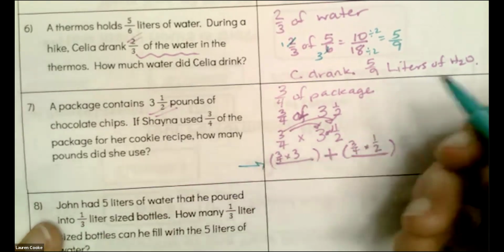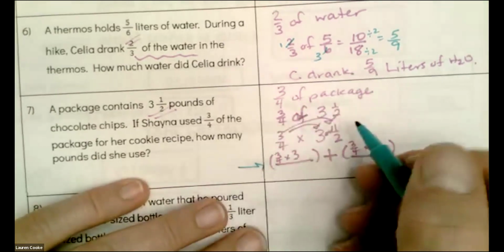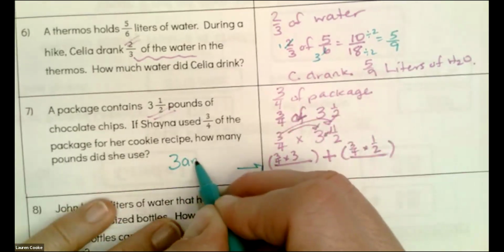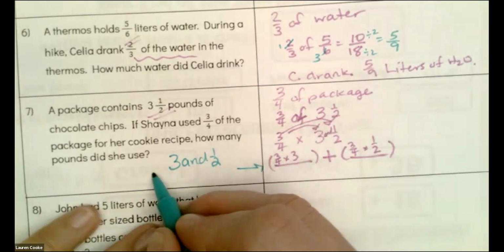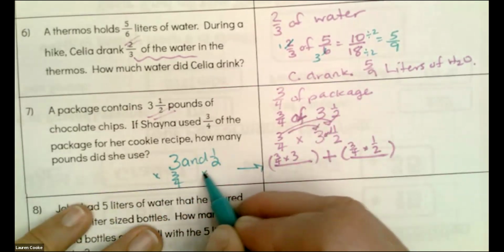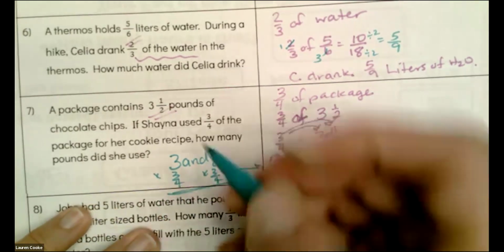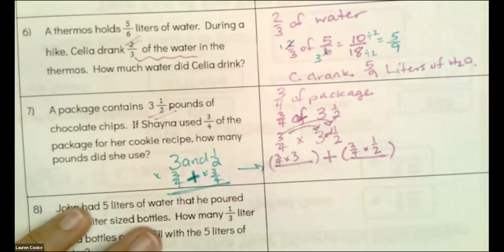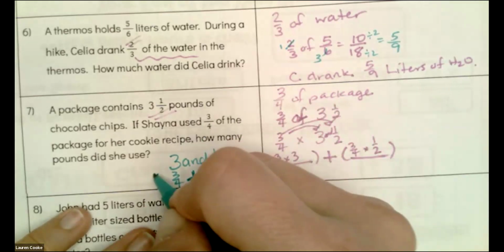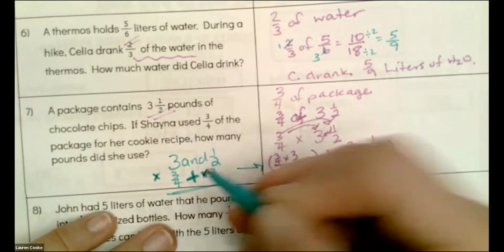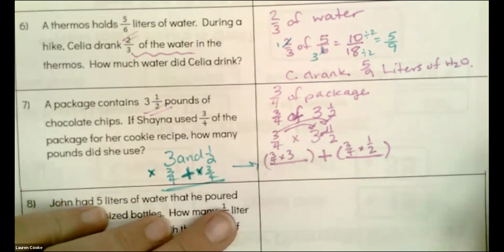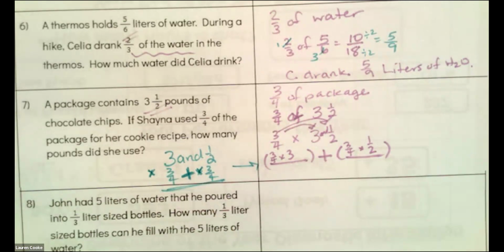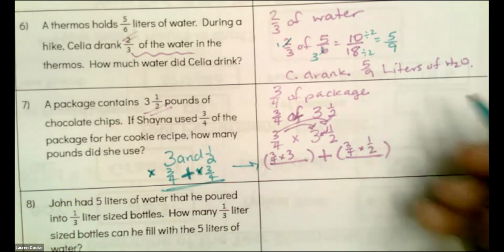No, set this up first. Because it's a mixed number, it needs to be multiplied by the 3/4 separately and then added. Okay, this is absolutely essential. I want to see this correct on everyone's paper. If you correct yours, that's even stronger, because then you will start to make it a habit.